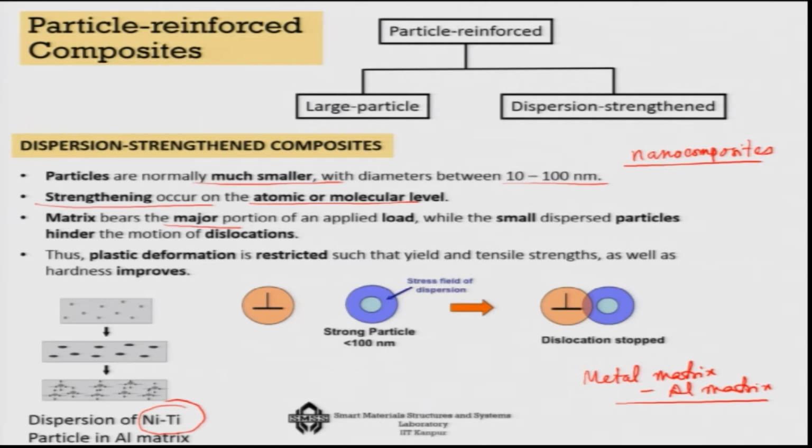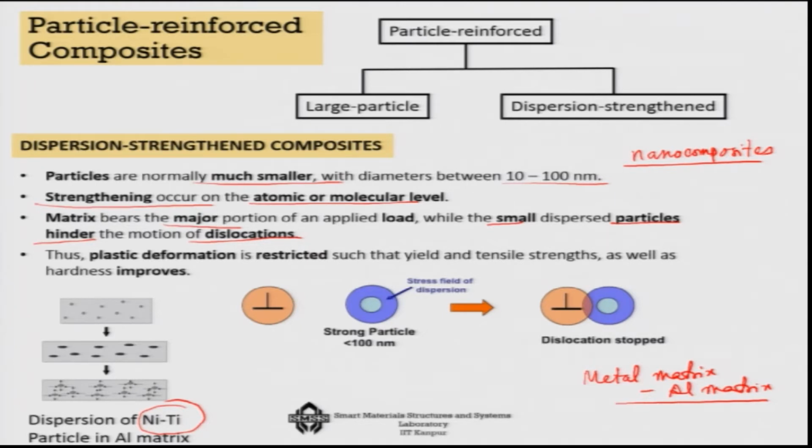So, metal matrix, and inside that you have these small dispersed nanoparticles which will hinder the motion of the dislocations, because most of the time the strength of the metal gets degraded because of the presence of dislocations in the metallic crystals. So, if that dislocation movement inside the grains or between the grains can be stopped or restricted, then you can get a much higher strength.